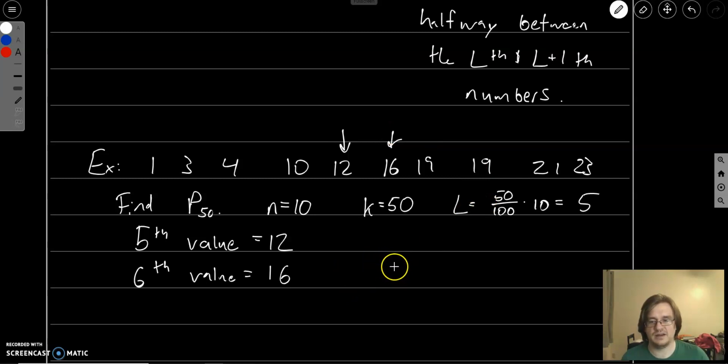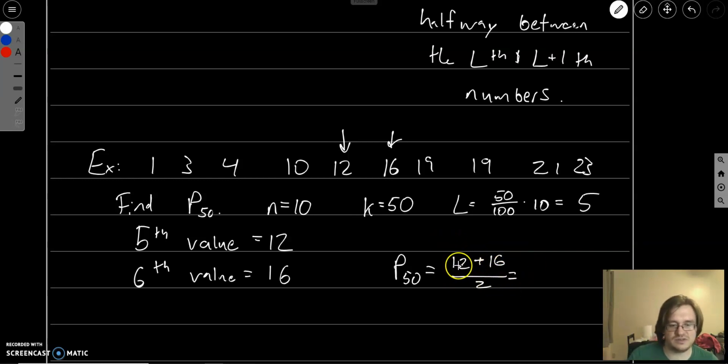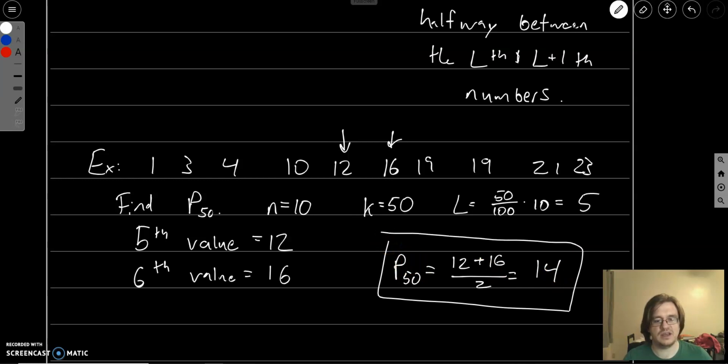So P50 is going to be halfway between 12 and 16. We can see that 14 will be the number right in between. The formula for the number exactly in the middle of two numbers is to add them together and divide by 2. So 12 and 16 is 28. 28 divided by 2 is 14. So P50 is 14. And this is exactly the same number that we would get for the median.